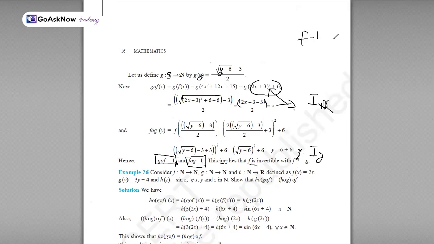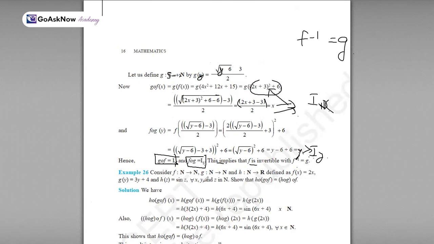So f inverse is equal to g. Why? Because this is coming as the identity function I_N and this is coming as the identity function I_S. If gof and fog are coming like I_N and I_S, they will become invertible functions.